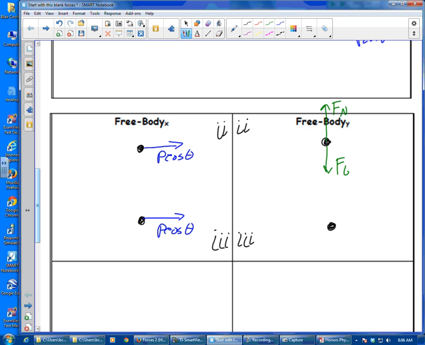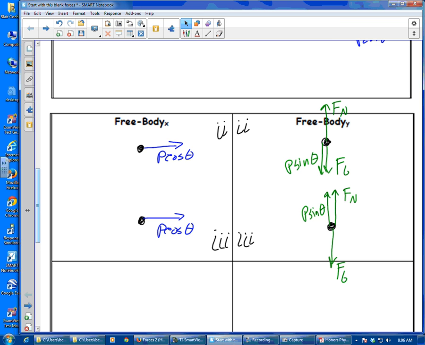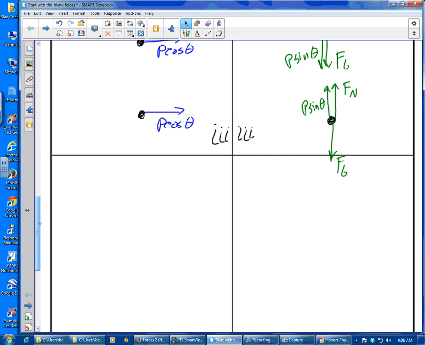In this case, I also have the down of P sine theta. In this case, F sub G, force normal, and up of P sine theta. So that's really the big difference there.